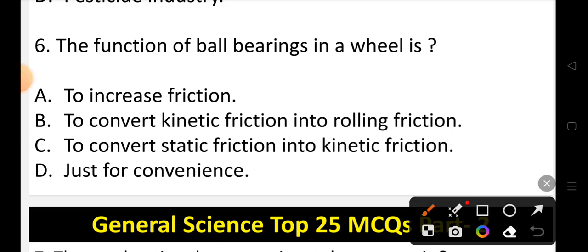So basically there is a purpose of placing ball bearing in a wheel. The purpose is that it converts kinetic friction into rolling friction. So the correct option is option number B, that is to convert kinetic friction into rolling friction. So B is the correct option.